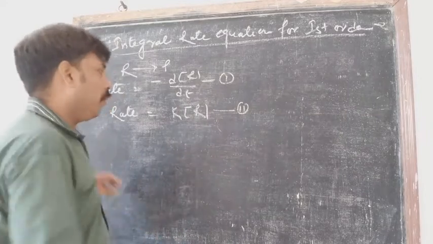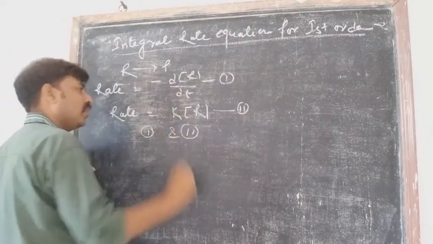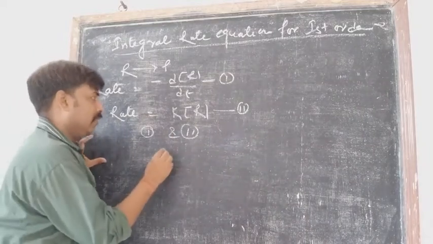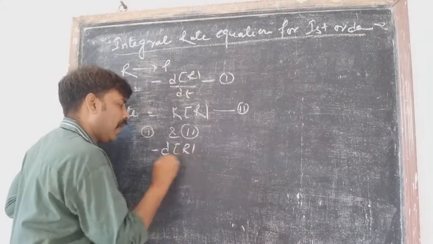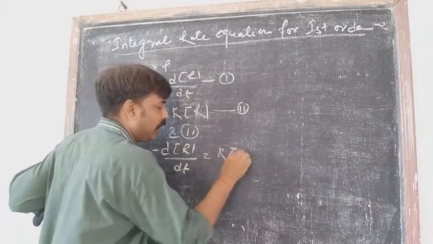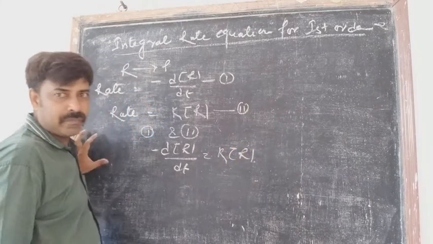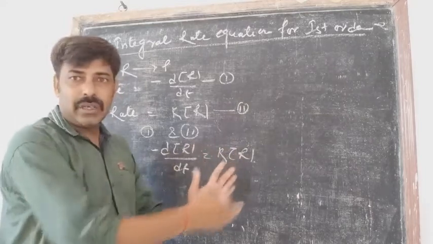By equating 1 and 2, what will you get? You will get minus d concentration of R by dt equal to k concentration of R. Now we are taking concentration on the same side and time on the other side.